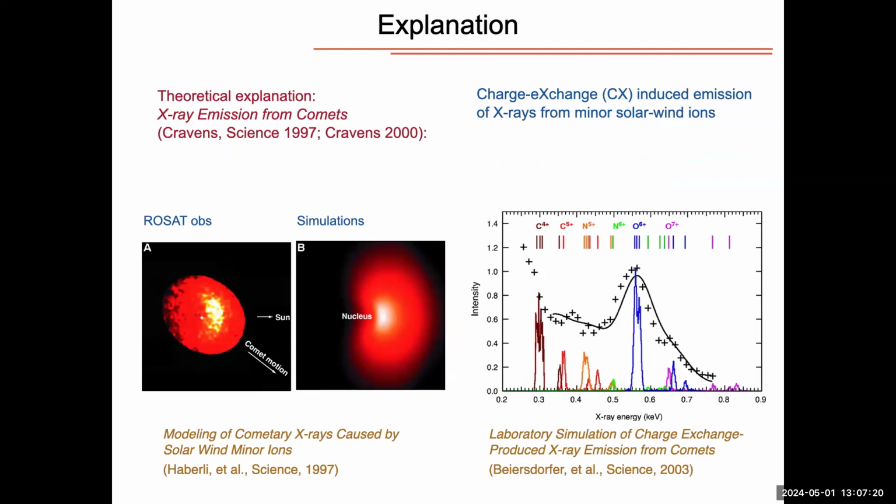The first observation was by ROSAT, and it was an observation of a comet, by the way. I think you know that, but for younger people, I should say at least a word about it. It was really a surprise at that time that an object which is really cold, just tens of degrees maybe, was producing X-rays, something that requires high temperatures.